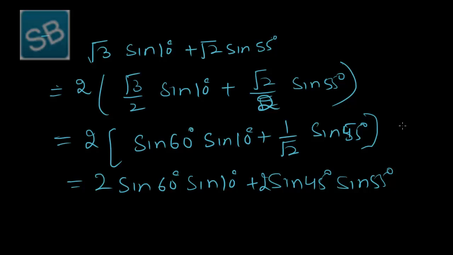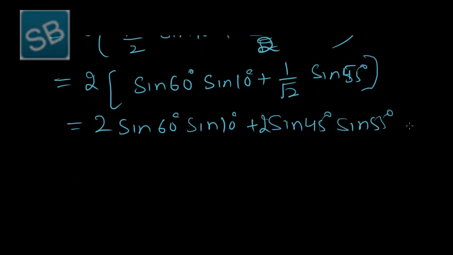Here we use a little bit of a trick to solve this question, because we have to write these two in the form of sums again. So we will express these in the product form. So 2 sin c sin d becomes cos (c minus d) minus cos (c plus d), that is cos 50 degree minus cos 70 degree, and for the sine expression it becomes sin 50 degree minus sin 70 degree.